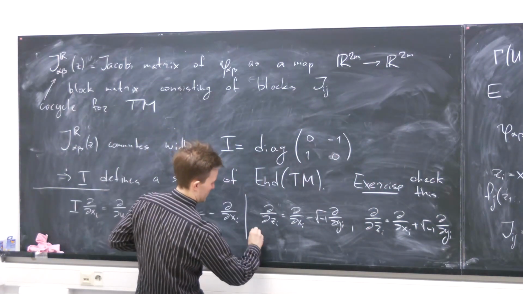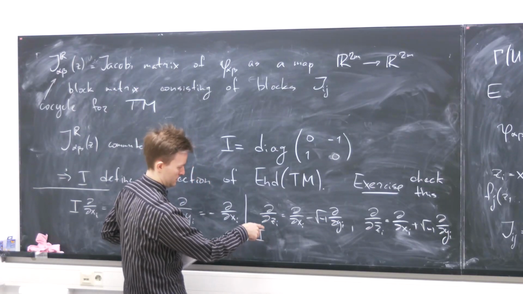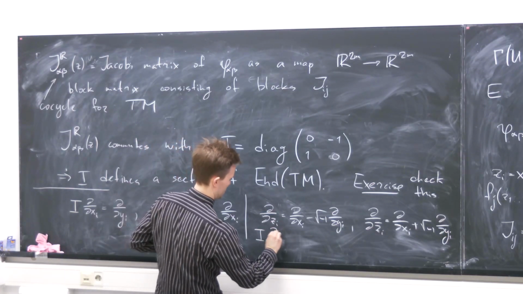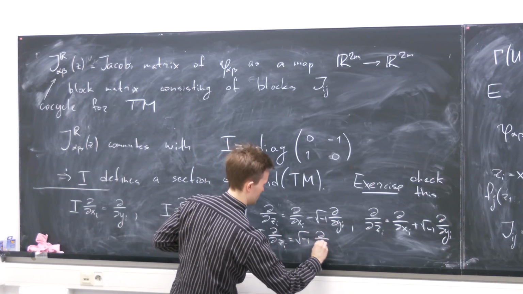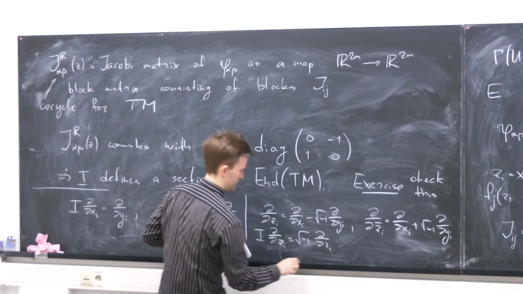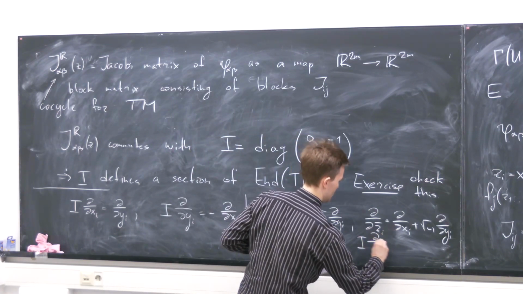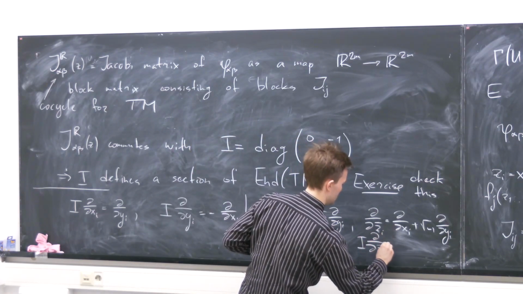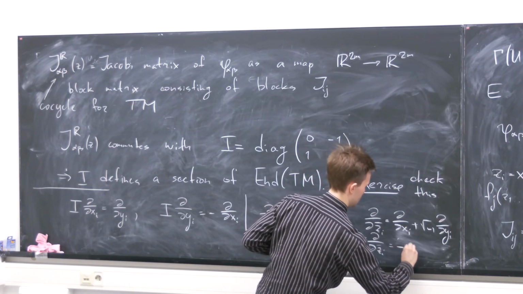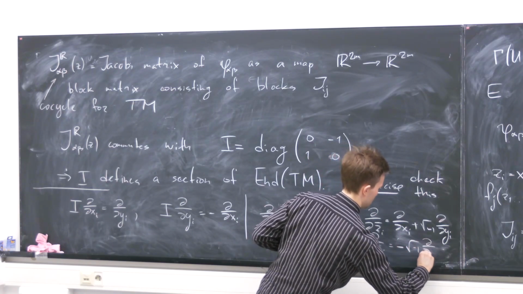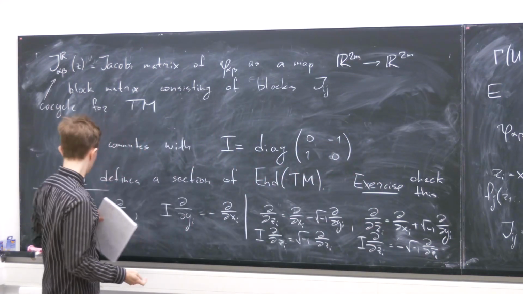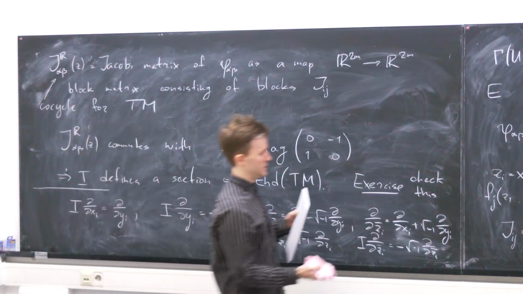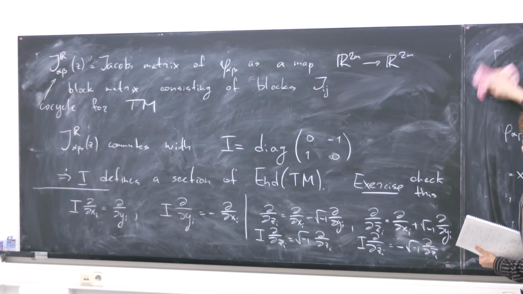Well, they are eigenvectors for this operator I. And so if we consider the subbundles spanned by these vector fields, we will denote them by T10 and T01.